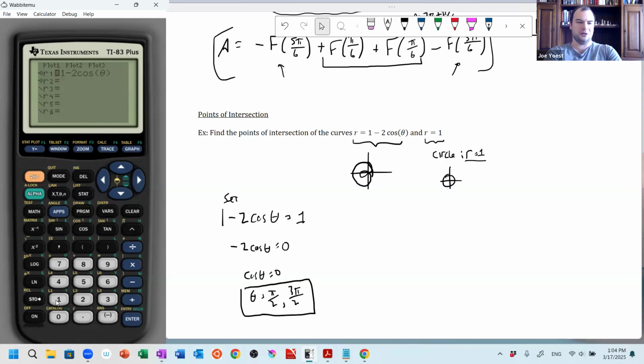I suppose for r equals 1, I don't really need to change that. I know that's going to look like a circle of radius 1, but I'll do it anyway. I go to my window and I'll go from 0 to 2 pi. I see both of these are 2 pi periodic. Again, if your theta step was something wonky, just put 0.1 or so in there.